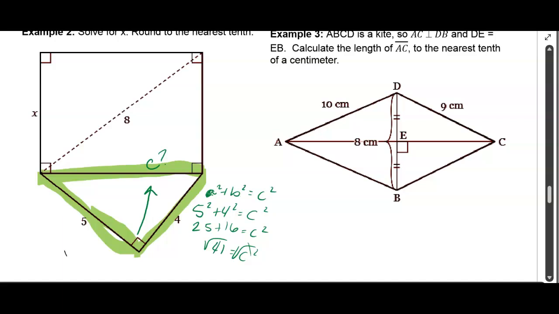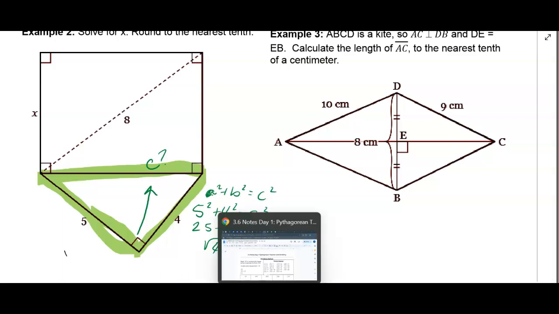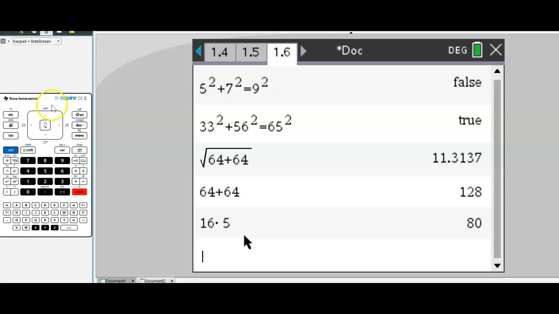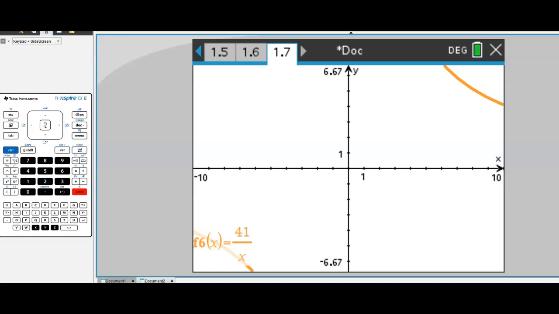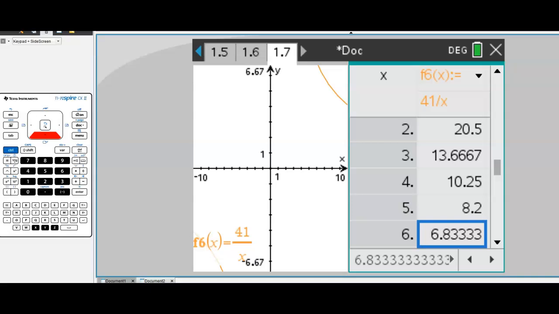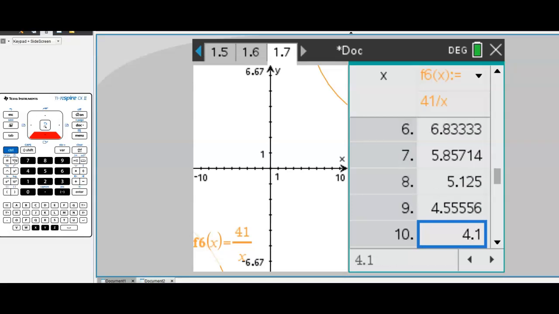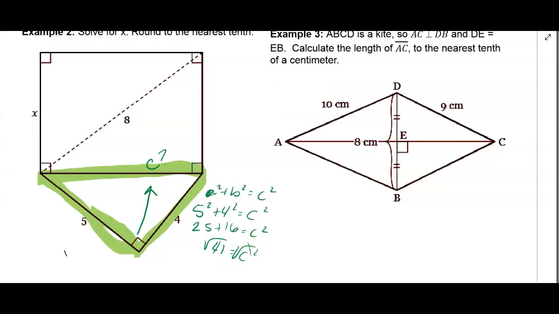You want to double check to see if you can simplify that. So we're going to look over here to see if there's a square within it. You'll say 41 divided by x. Is there a perfect square inside of it? And you can see you just have decimals in here because 41 is fine. So although it looks like a large number, the square root of 41 actually doesn't simplify.